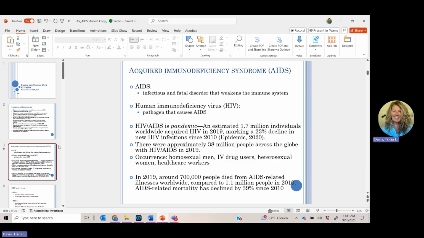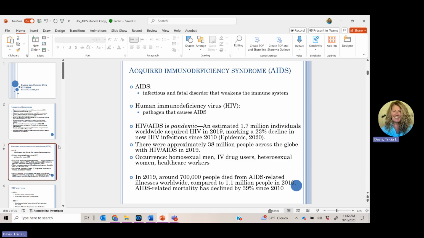We see that this occurs in homosexual men and women, IV drug users, heterosexual women, healthcare workers. Okay, so healthcare workers, this is something that we are susceptible to. This is something that's transmitted through bodily fluids. So in 2019, around 700,000 people died from AIDS or an AIDS-related illness worldwide, compared to 1.1 million people in 2010.